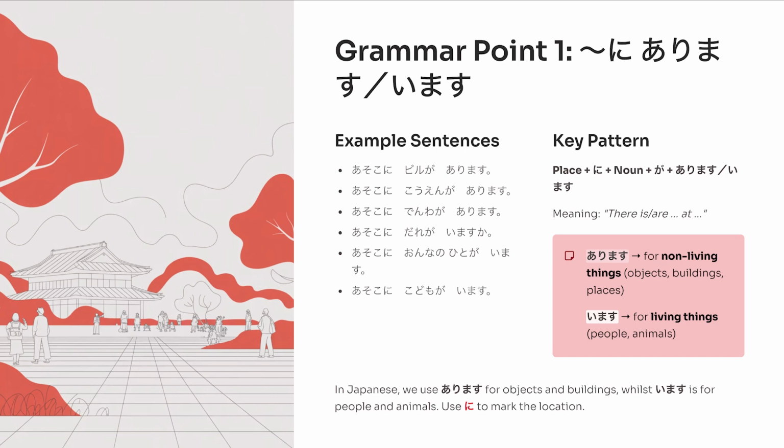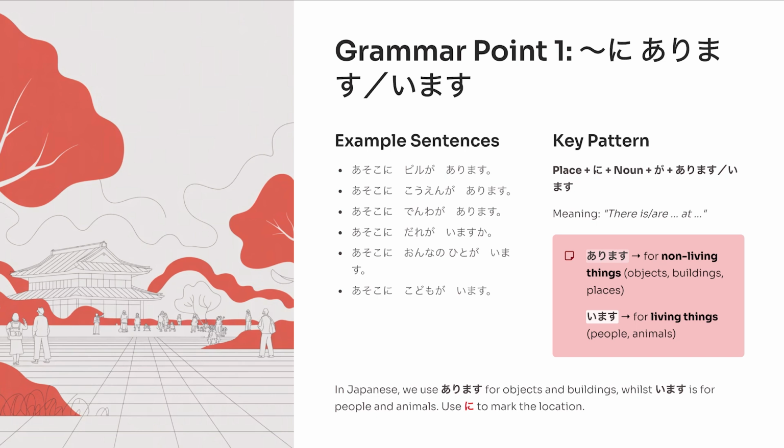The sentence pattern is very simple. Place に noun があります or place に noun がいます. Here, the particle に marks the location where something or someone exists, while が introduces the person or object that exists.